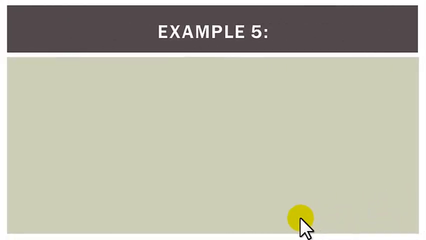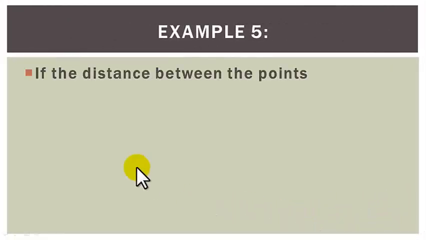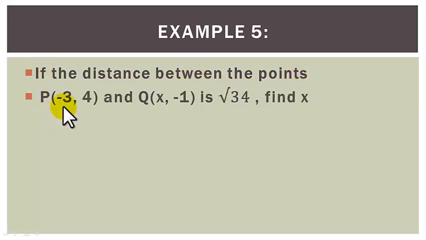Example number 5. If the distance between the point P with coordinate (minus 3, 4) and Q with coordinate (x, minus 1) is the square root of 34, find x. Solution.